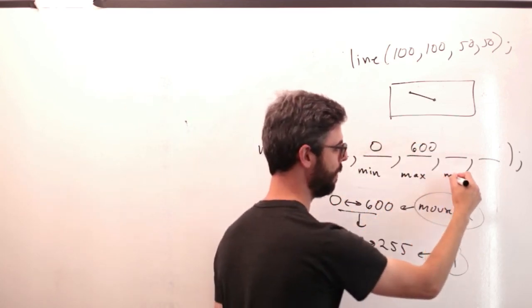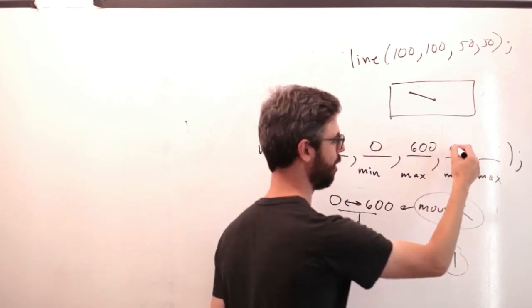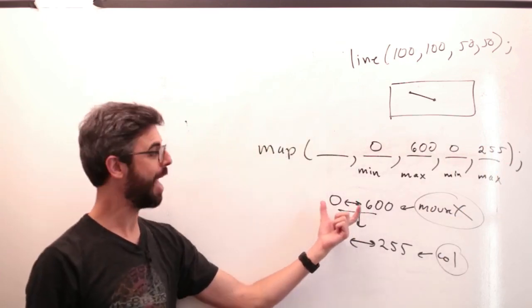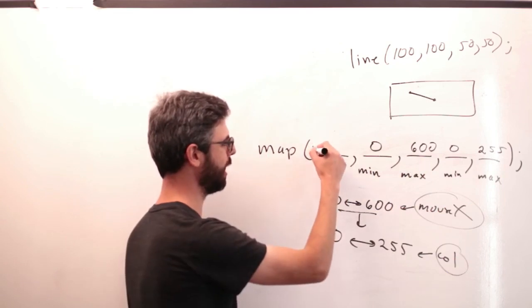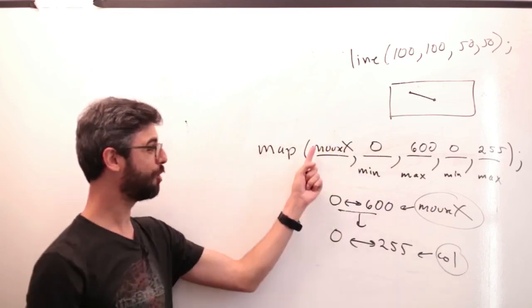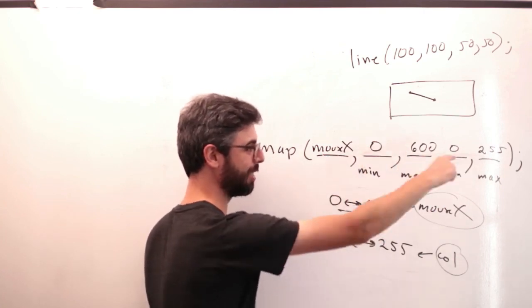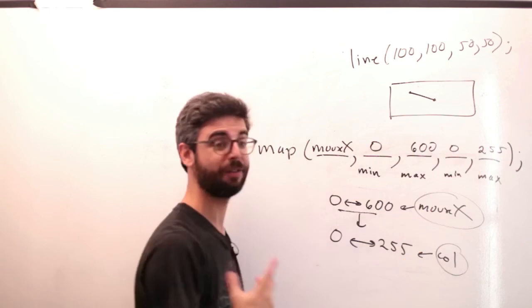What is the minimum and maximum of my new range, 0 to 255? And what is the value that has this range and which I want to map to the new range? In this case, it's mouse X. So I want to map mouse X, which I know has this range, to this range between 0 and 255 for the purpose of color.